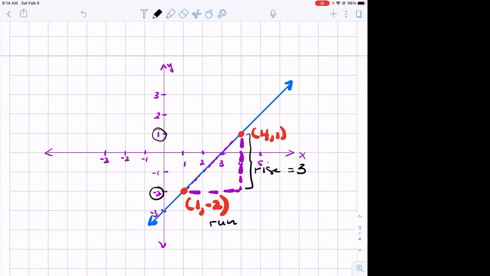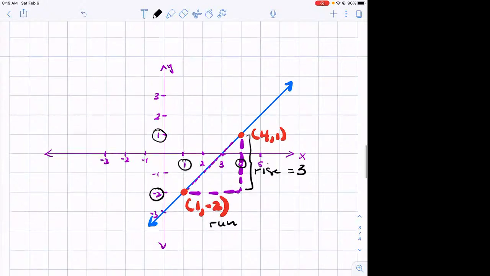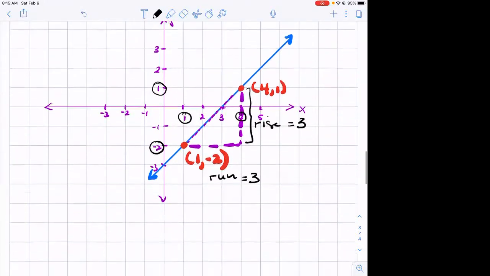Okay? And the run from 1 to 4 is also 3 units. Okay? So the vertical change is 3 and the horizontal change is 3. And it's not going to always be the same number.